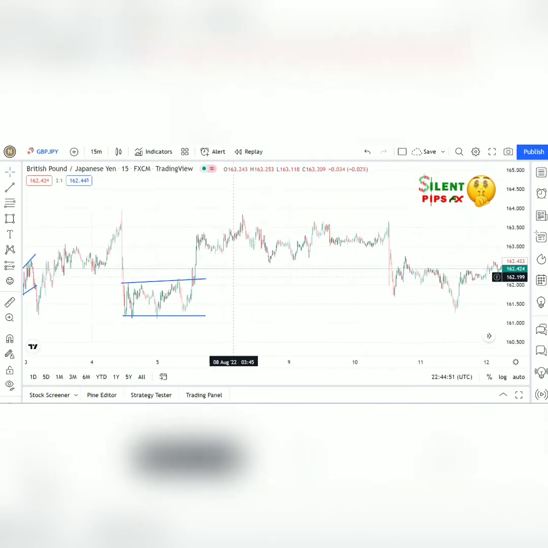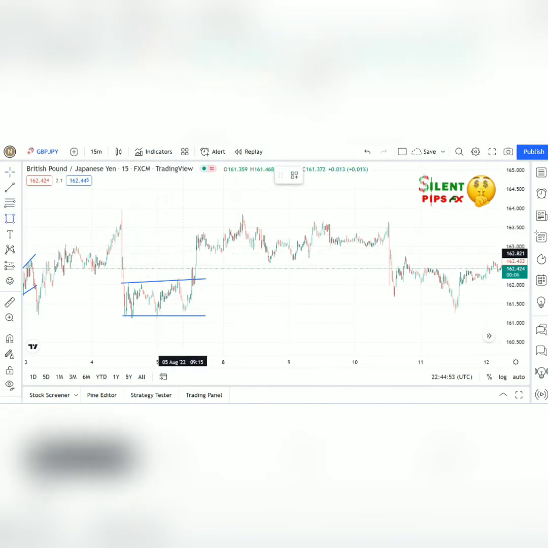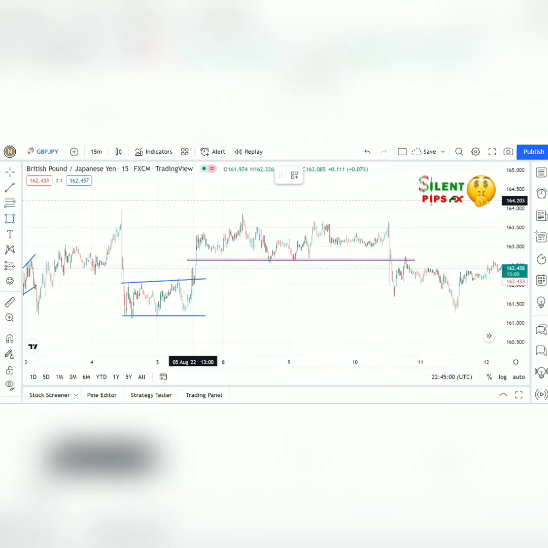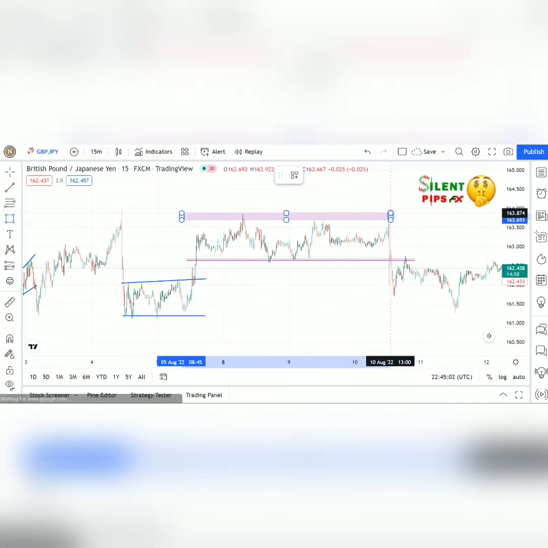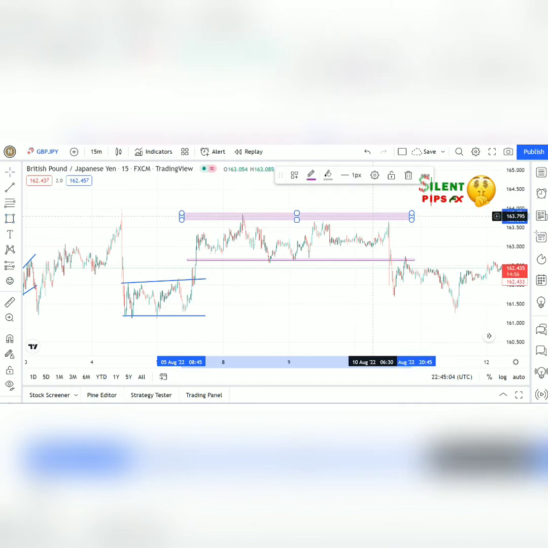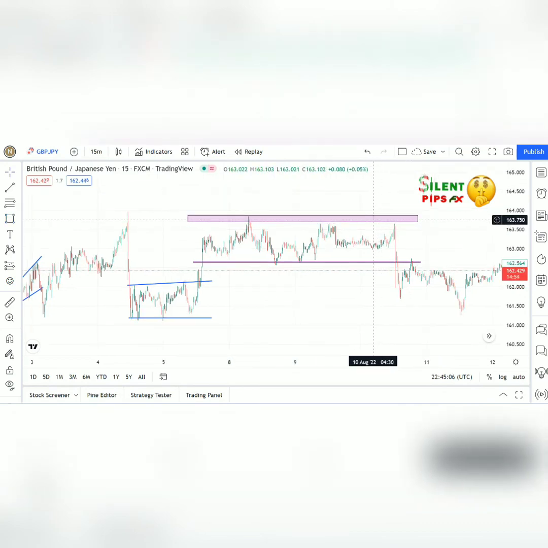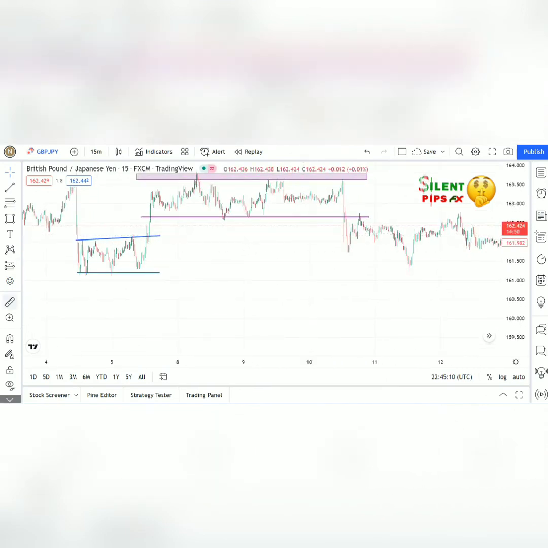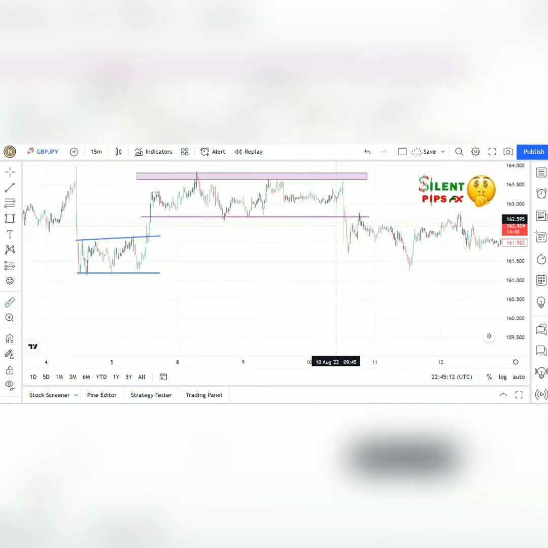Price entered a very massive contraction here, which would have come out with a structure like this, a support level and a resistance level. This is a clear rectangle. And price decided to break to the downside and moved about 90 pips again.